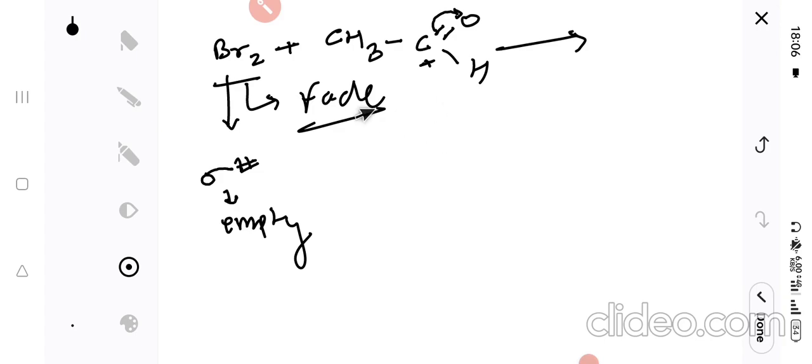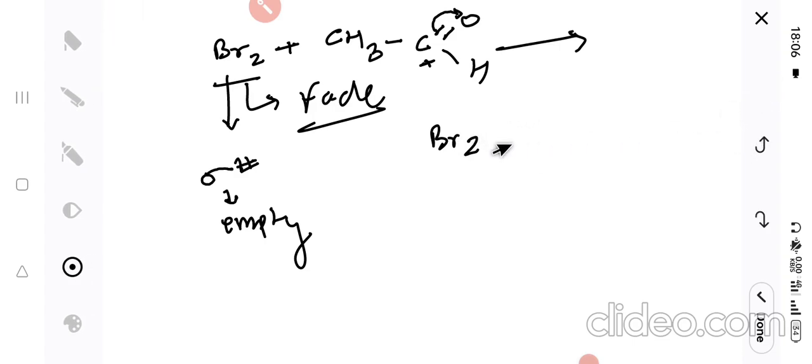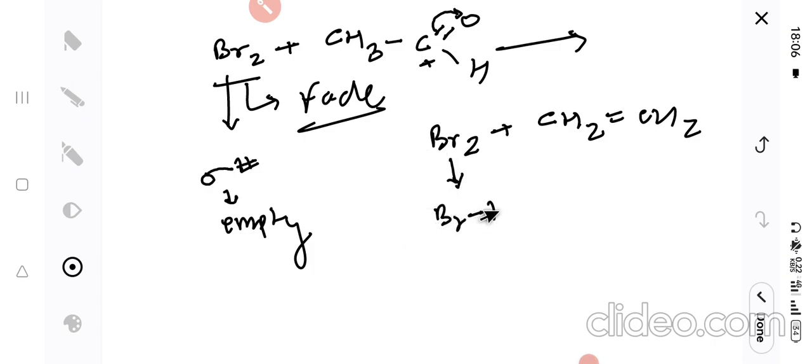And another example, a best example, is when bromine Br2 is added to an alkene. Let's say we have ethene, CH2 double bond CH2. Because bromine is non-polar already, as you have seen, there is no polarity.